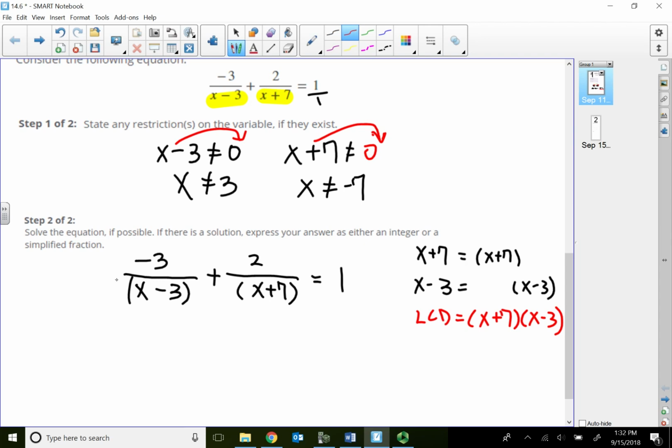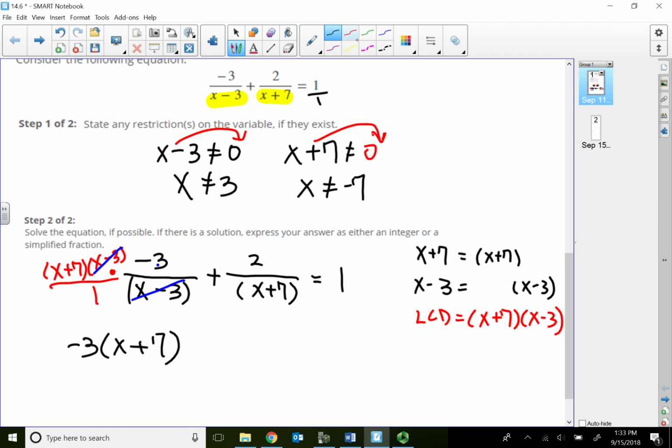So now we will multiply every term by the LCD. When we multiply every term by the LCD, that's LCD over 1. So basically the top x minus 3 and the bottom one will cancel out. That just leaves me with x plus 7 times -3. This is going to happen every time for every term.